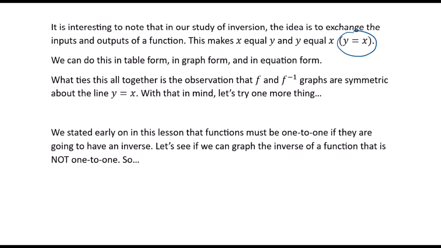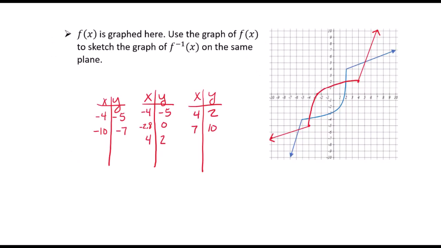Let's look at our previous graph. We can see from our previous example there is symmetry going on here. If we draw in the line y equals x, we can see that our graph is symmetric to the line y equals x. If you fold your paper diagonally along that line, the red and blue graphs will lie on each other.